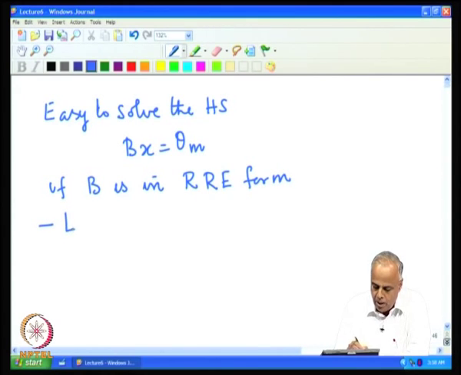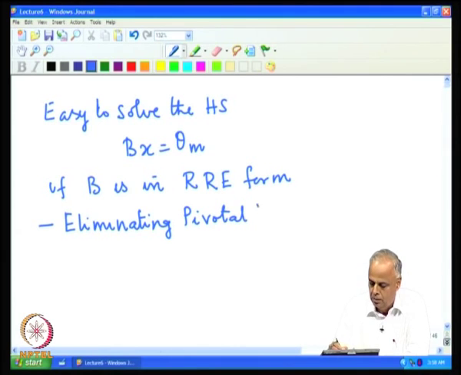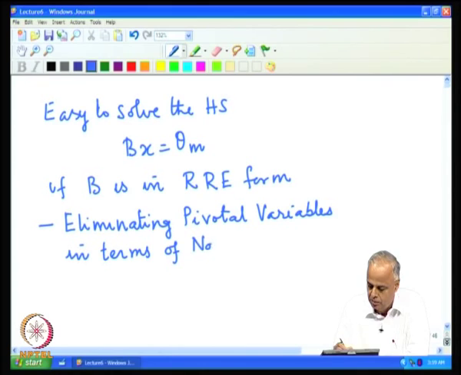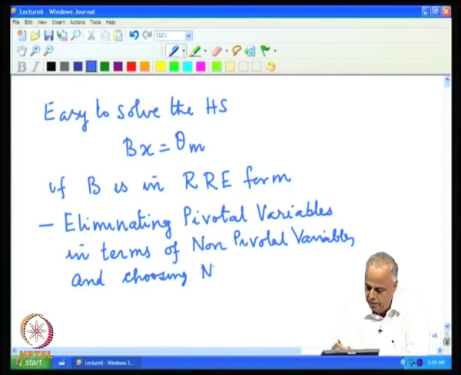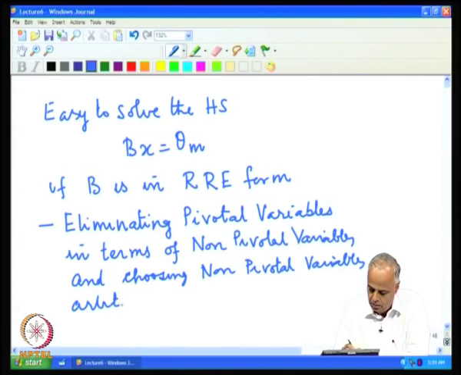This involved eliminating pivotal variables in terms of non-pivotal variables and choosing the non-pivotal variables arbitrarily over F.